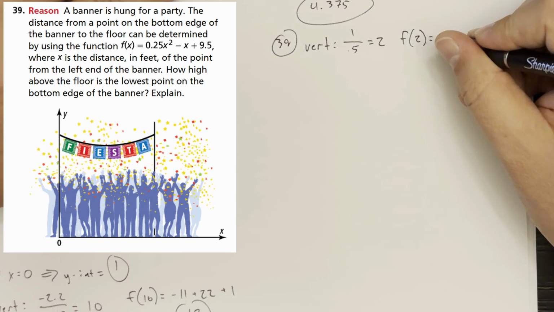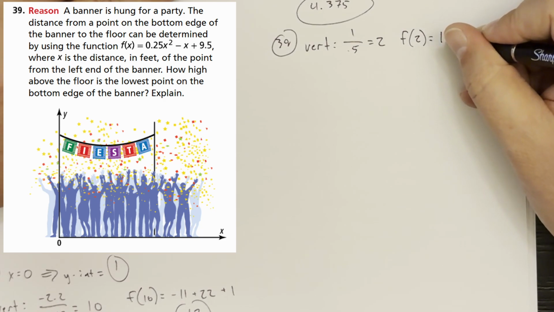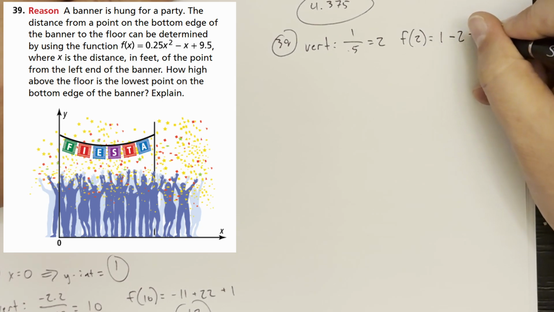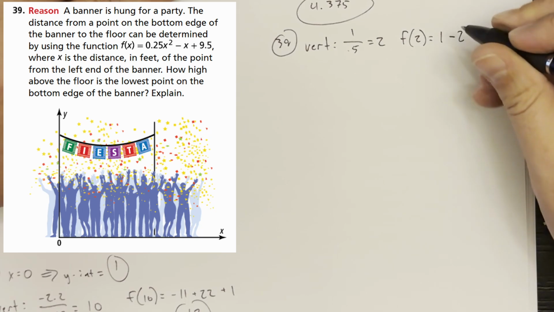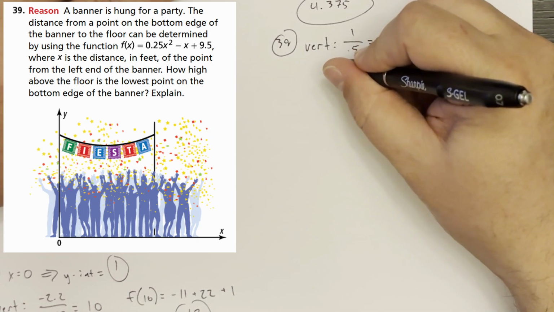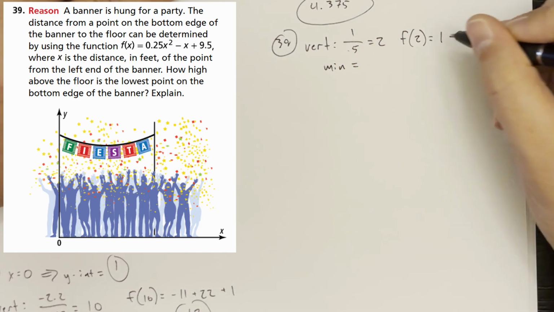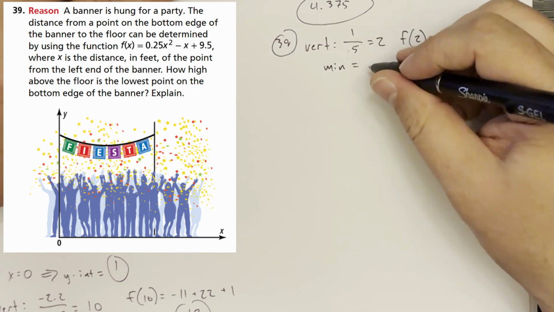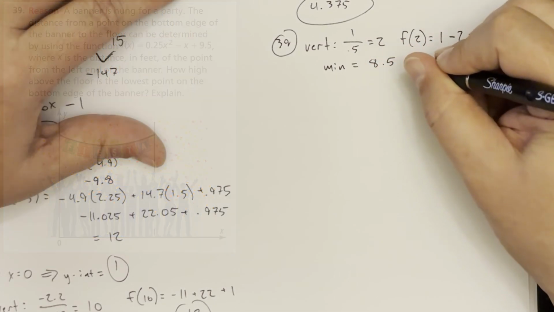And then minus 2. And then plus 0.95. Right? Yeah. Minus 1 plus 0.95. I said that wrong. And we get the minimum height above the ground is going to be 0.95 minus 1... which is 8.5 feet.